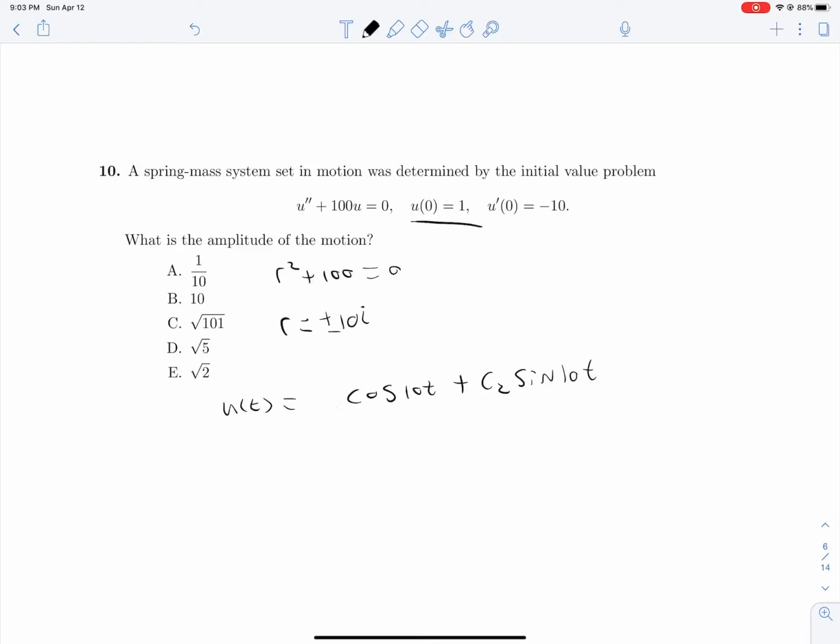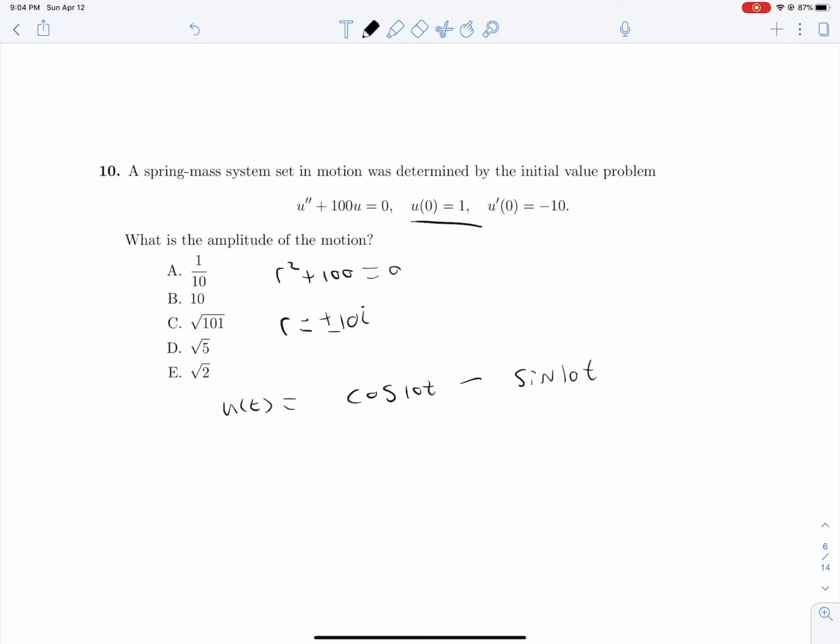And then solving for u prime of t is equal to negative 10 sine 10t, but we didn't even have to write any of that because u prime of 0, this sine term will just go to 0. The only portion that matters is plus 10 c2 cosine 10t. And we see that this is equal to negative 10, so c2 is negative 1.